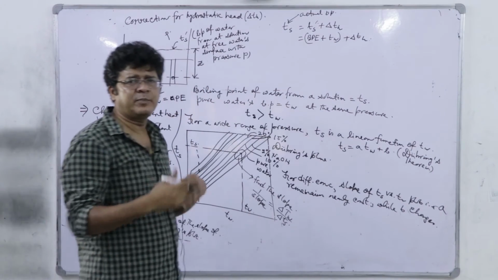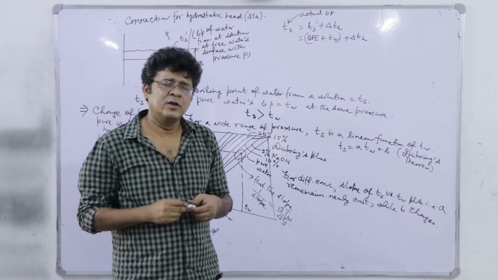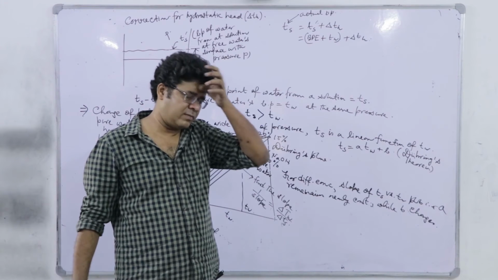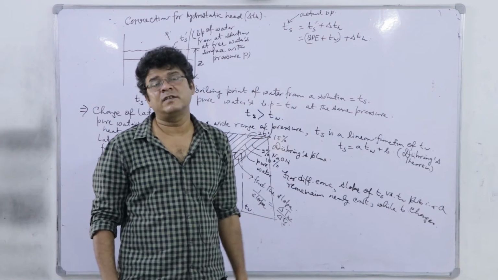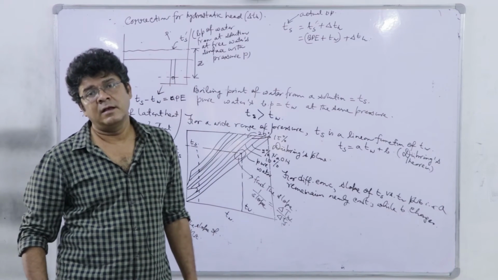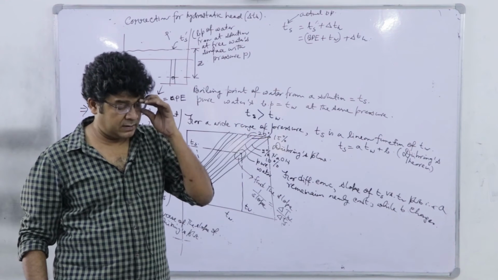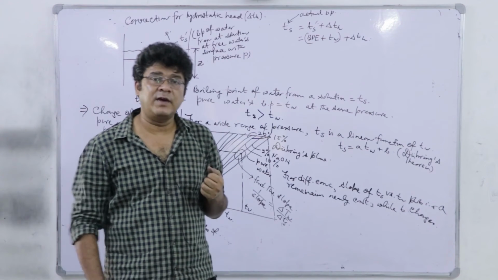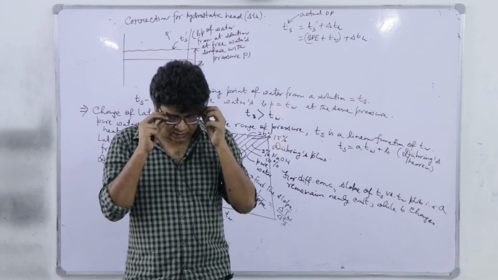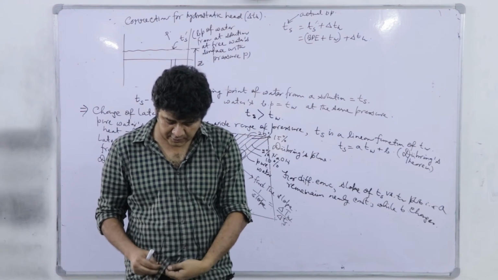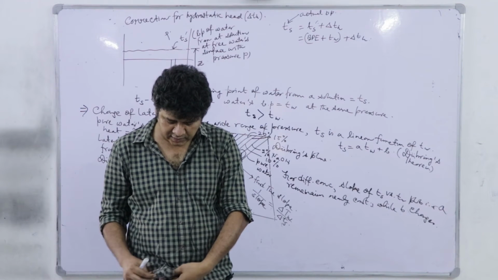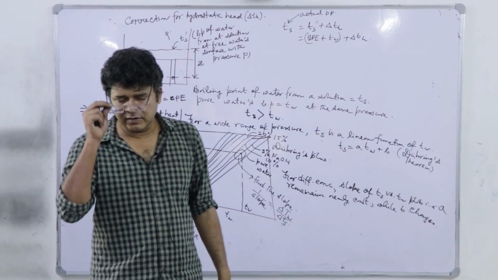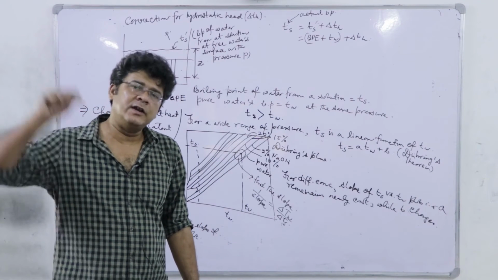Now the effect of this additional pressure we can theoretically solve from the Clausius-Clapeyron equation. However, the point is, because of this additional pressure, what will be the boiling point? We can find out from Clausius-Clapeyron equation theoretically, but it is inaccurate, right, as we move from the triple point to the critical point.